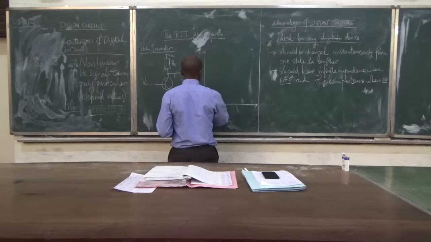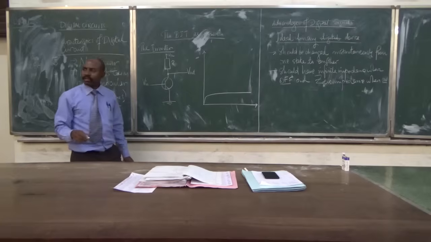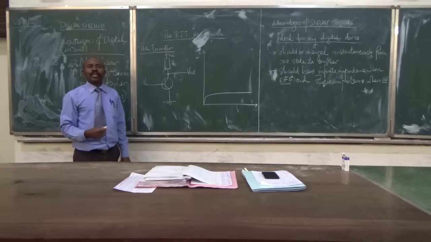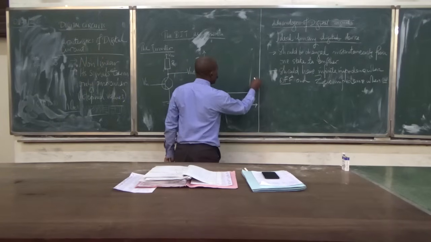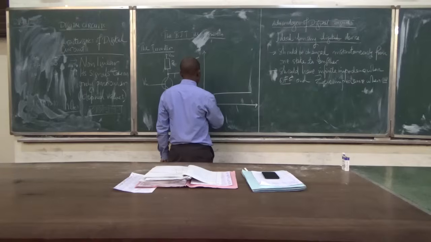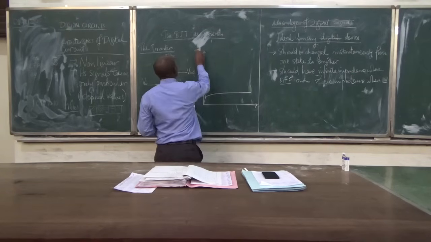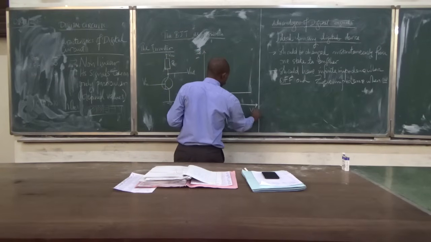And those who are going to code, which one was it? E3. Who with theory? These are IDs. ID is going up, and this is IC versus VCE.